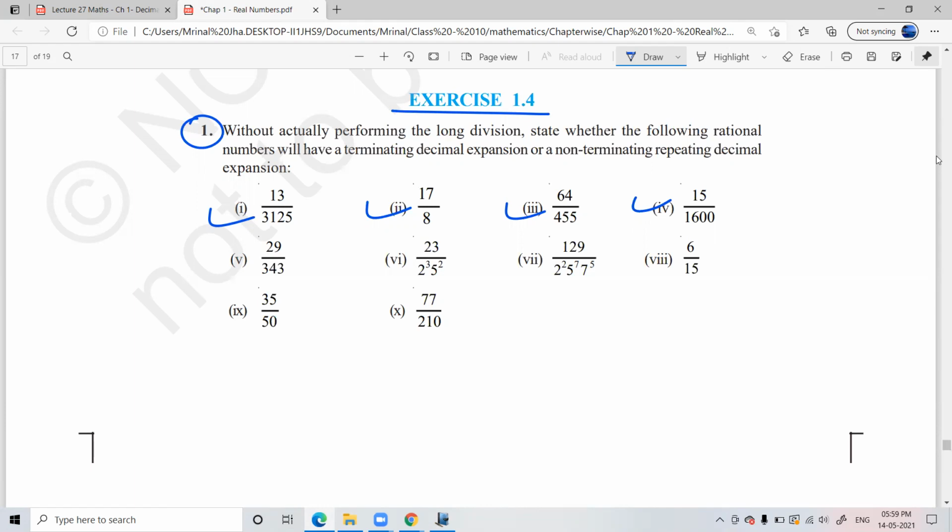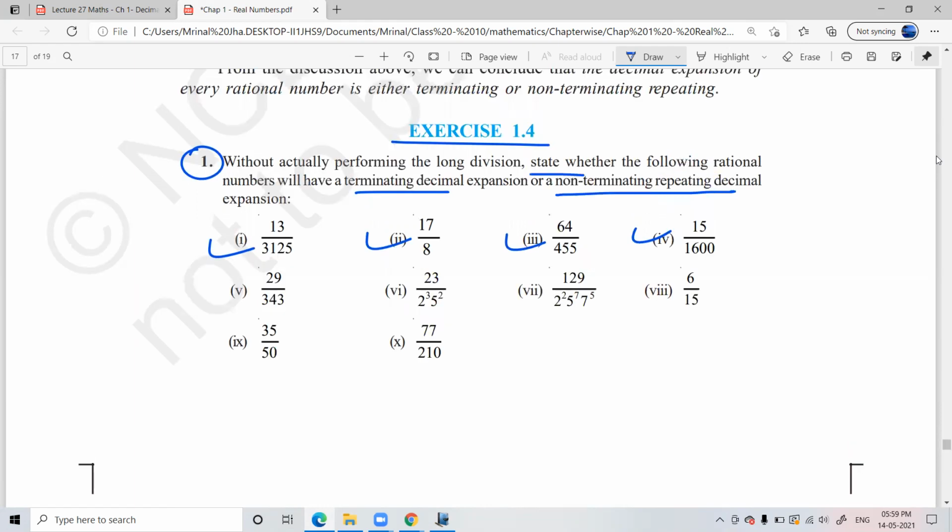In this question, you don't have to convert them to decimal. They're only asking you to state whether the following will have a terminating decimal or a non-terminating repeating decimal. That's all you have to tell. Repeating means recurring, you should remember. So non-terminating repeating is the same as non-terminating recurring.